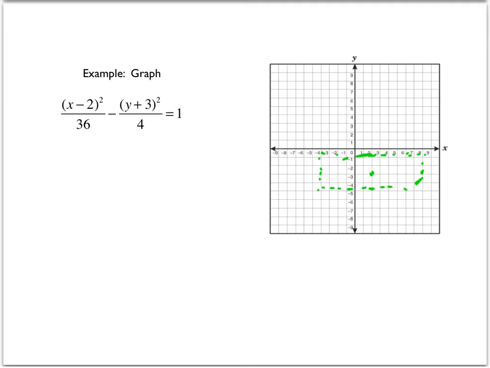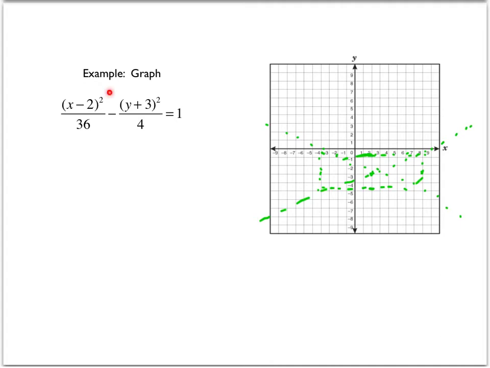Now again, that's not a part of the graph, but it's going to aid me in graphing it. Now through that box, through the diagonals of that box, I'm going to actually draw some diagonals like this. And it does have to go through the center of that hyperbola. So that gives me some guidelines here in drawing this.